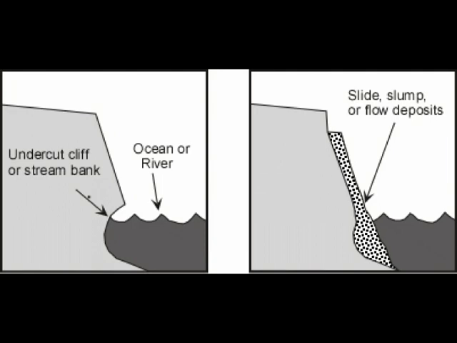It will come down as a rapid landslide. This can also happen along a river bank, where one side of the river's bank is constantly being eroded at the base, and the overhanging rock will collapse into the water as a swift and devastating landslide.